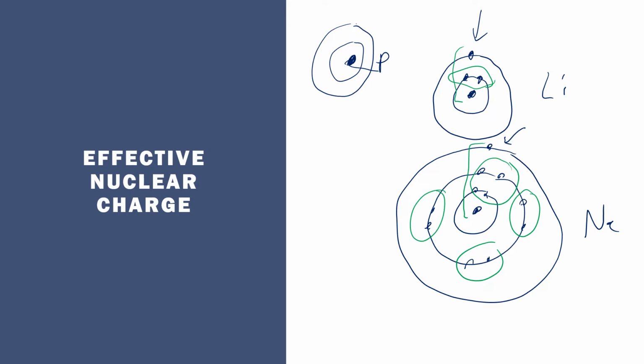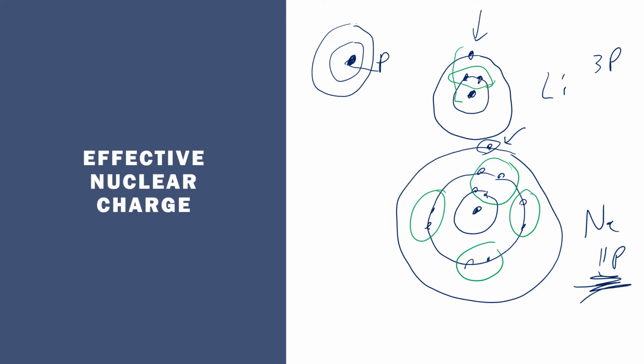So even though lithium has just 3 protons and sodium has 11 protons, so sodium has a much larger nuclear charge, they wind up having fairly similar effective nuclear charges because sodium's extra electrons that are in between kind of block the outermost electron from feeling as much of the proton charge.